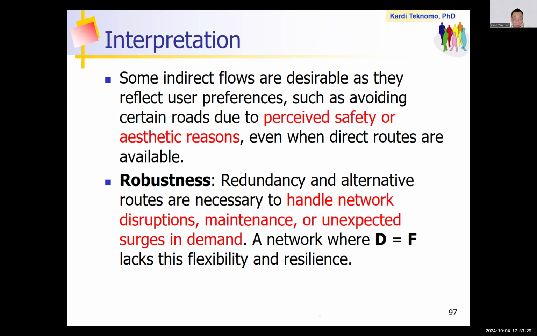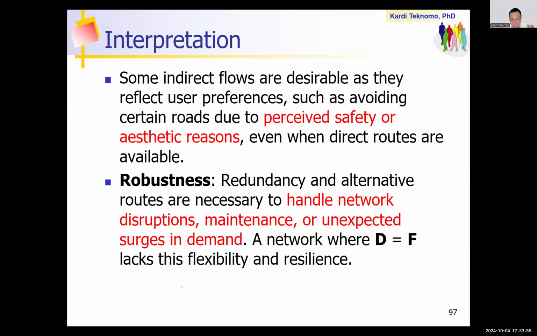We can also think of indirect links in terms of robustness of the network. You want to know whether there is redundancy or an alternative route. Redundancy seems not optimal, but it is actually very important for the robustness of the network.